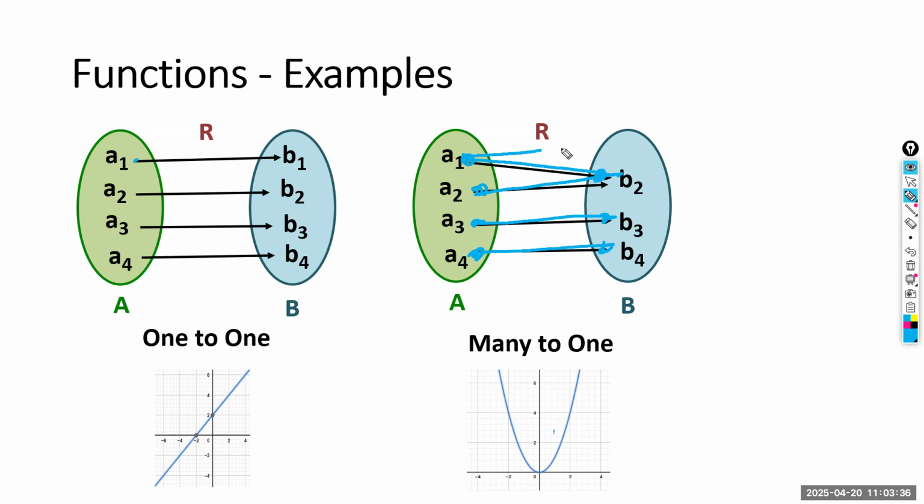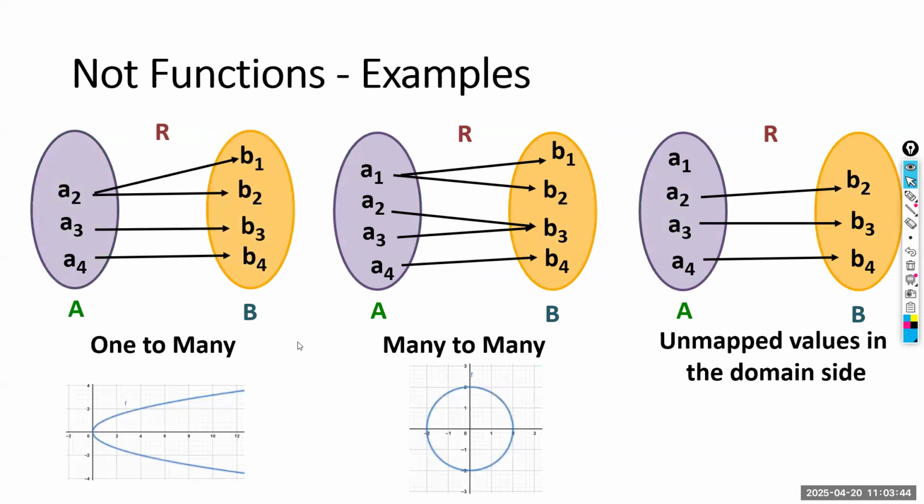If one value is mapped to more than one value, then it is not a function. That is why one-to-many are not functions. Many-to-one are functions. One-to-many are not functions. Many-to-many are not functions because many-to-many also has a one-to-many nature. And of course, if you have orphan values in the domain side, that is not a function.